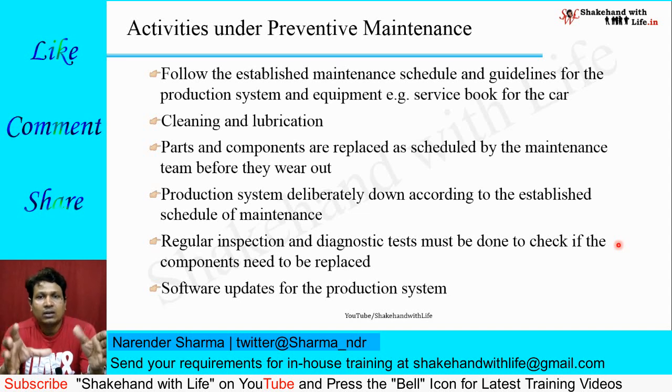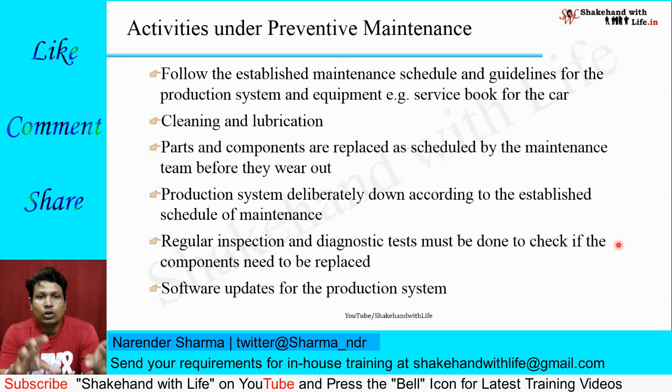It is something like a car manufacturer providing you a service book, and according to the service book you take your car to the service station, and the service team executes all the maintenance activities to improve the life of your car and fix problems in the car. In that case, your car is not running. That means the production system is down in the case of preventive maintenance.